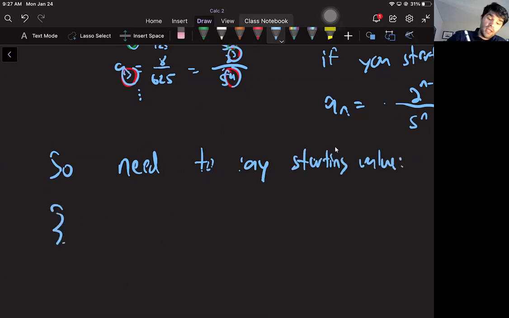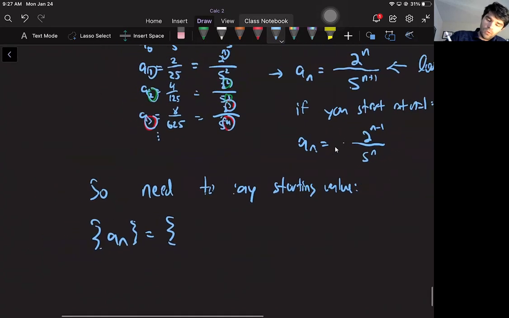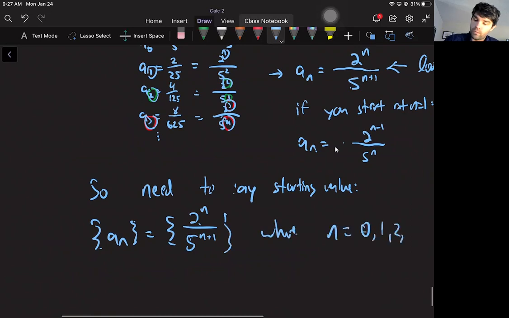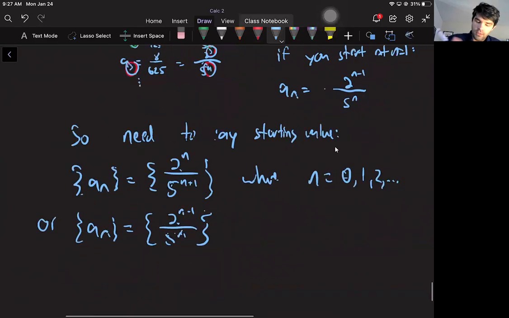So you could say that AN is this sequence, 2 to the n over 5 to the n plus 1, where you start counting from 0. Or you could say it's this sequence, and it's the same answer as long as you indicate where you start from. Sorry about my pen being all messed up. I don't know what happened. 5 to the n on the bottom there, where n starts at 1.